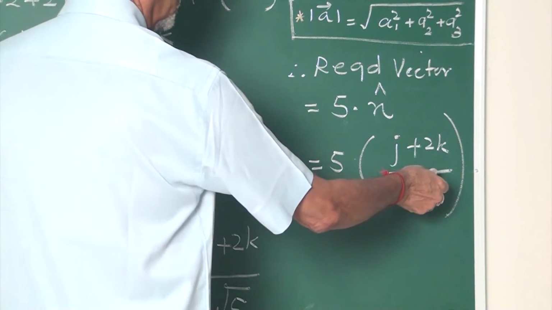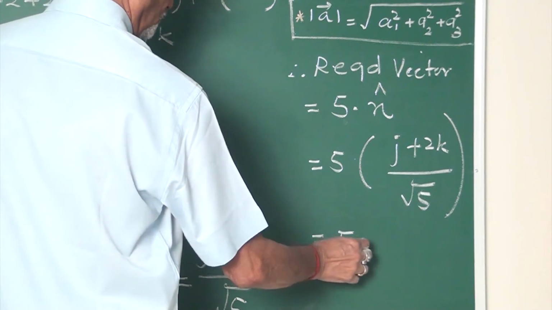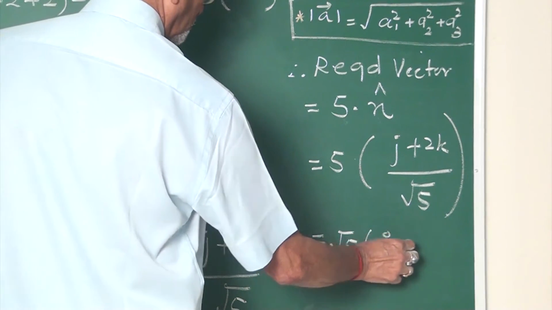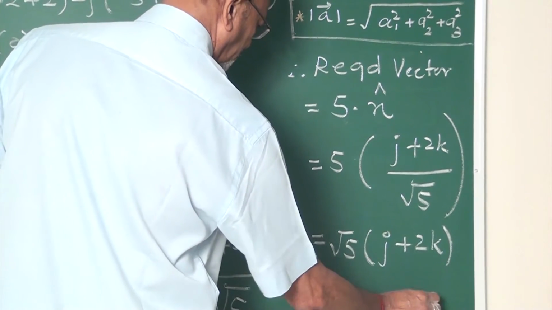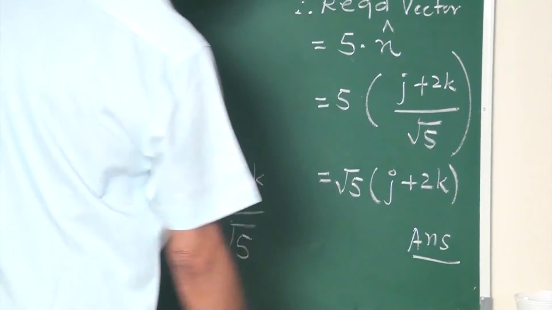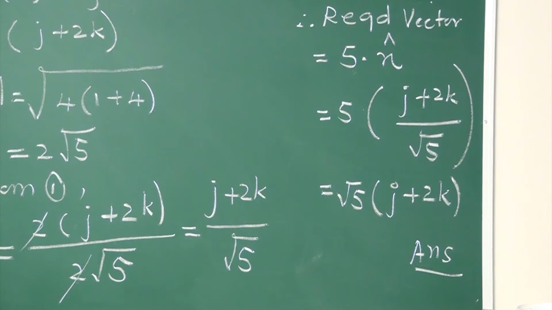Yes, my friends, root 5 cancels, you are left with root 5 into j plus 2k. This is your required vector. It is also a good example under 3 marks.